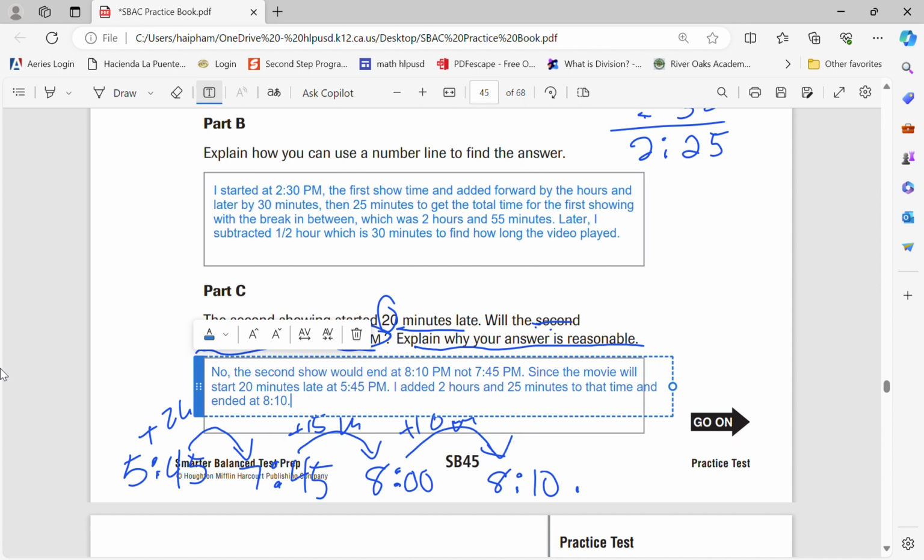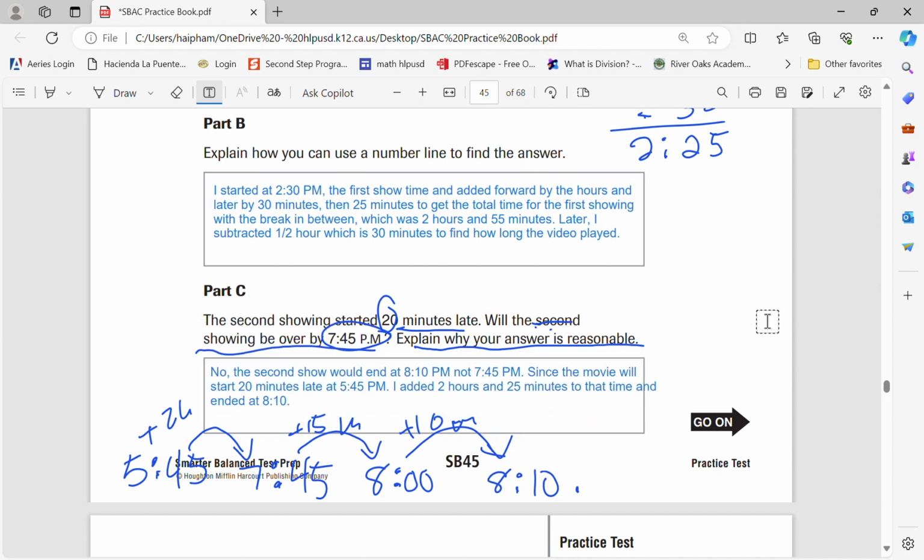Alright, that was a lot of math, a lot of explaining we needed to do there.